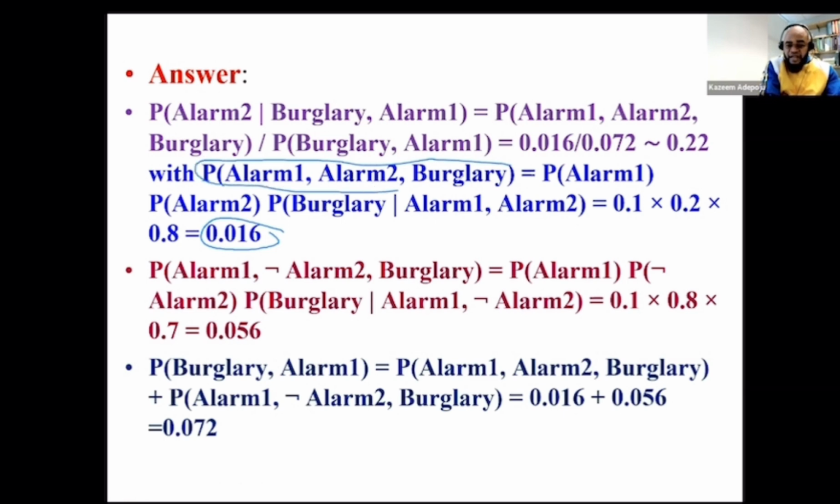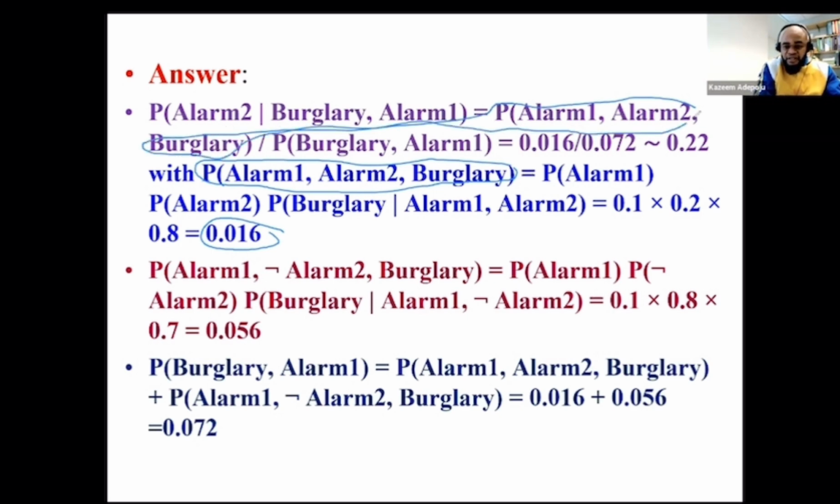Don't forget, I got the joint of alarm 1, alarm 2, and burglary directly from the network, by putting the network into consideration. This is the numerator of what I want to get.